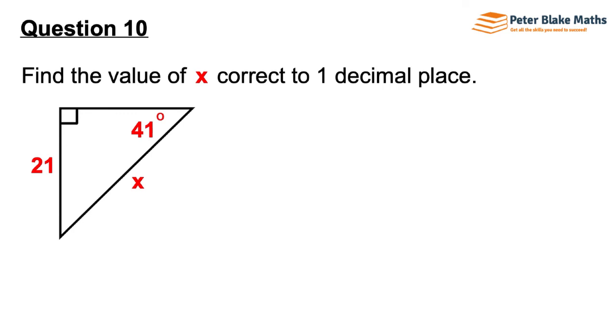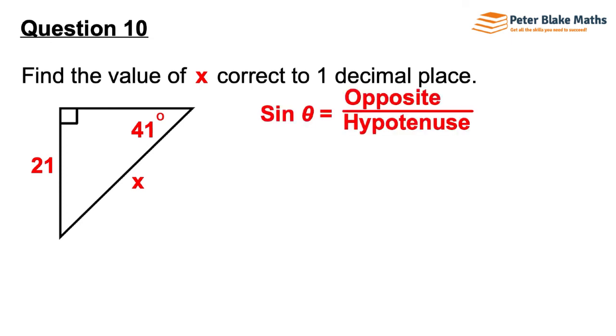So we want to pick a trig statement that involves opposite and hypotenuse, and that is sine. To get things in the right order though, a bit careful on this question. So sine theta equals opposite over hypotenuse. We know we're involving the opposite and hypotenuse sides here, so we better use sine. Sine 41 equals 21 over x.